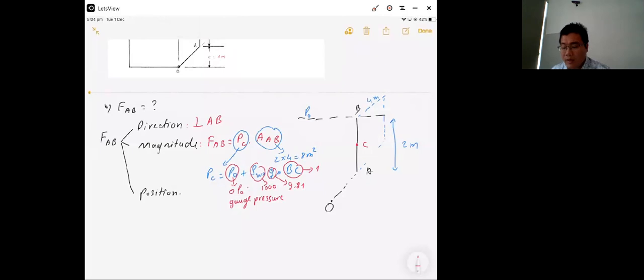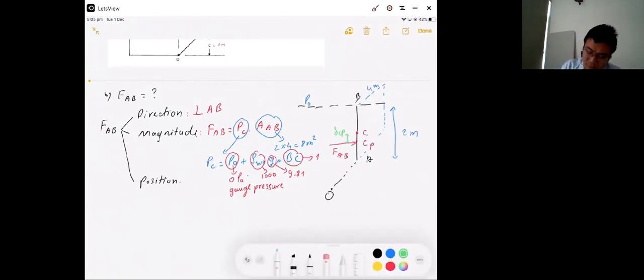So magnitude is okay, and now position. We know that the force will not be applied to C, it is applied to CP, a little bit below C. This one is FAB. FAB will apply to CP, and the distance between C and CP is delta CP.